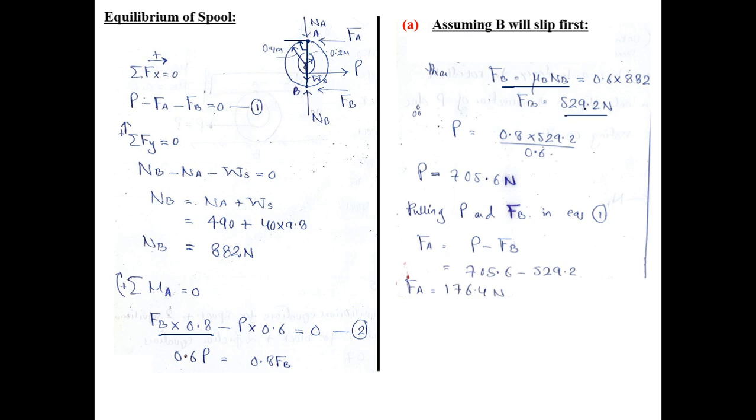And if FB is 529.2 Newton, then from the equation 0.6 P equals 0.8 FB, we can get the value of P. This comes out to be 705.6 Newton.